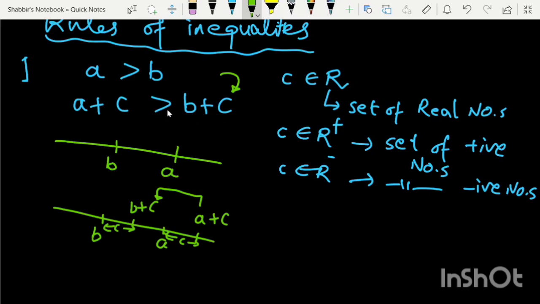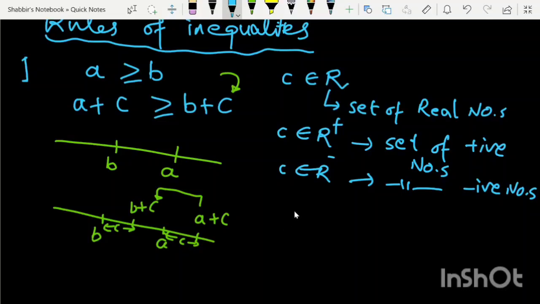A plus C will also be greater than B plus C. In a similar way, if equality is there, can you place equality here as well? Yes, here also we can place equality.